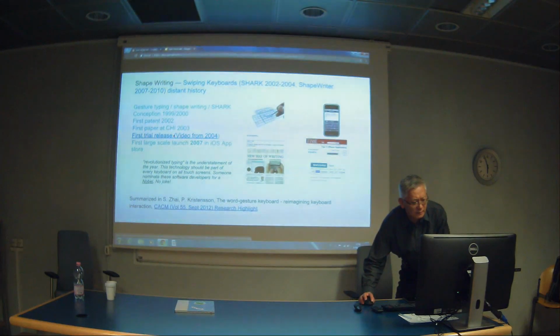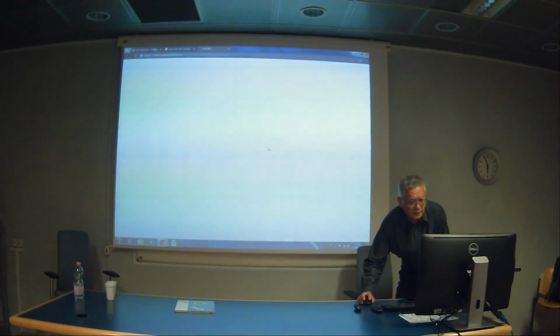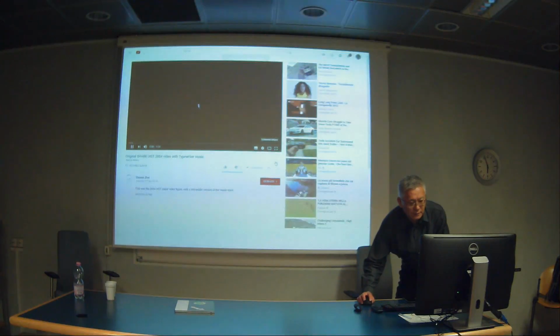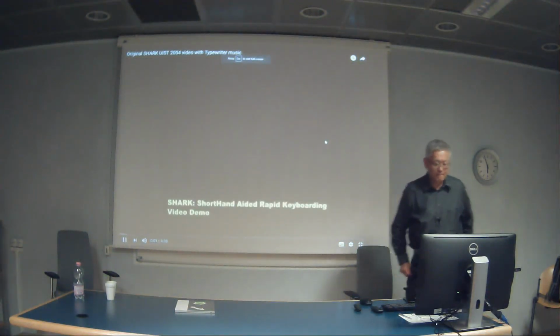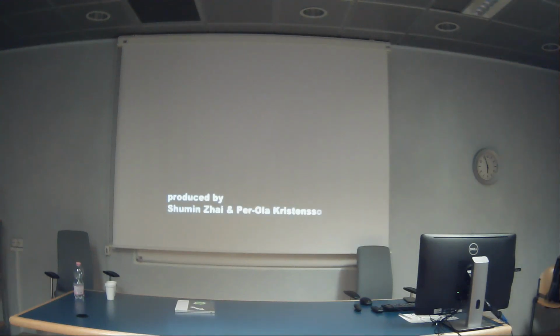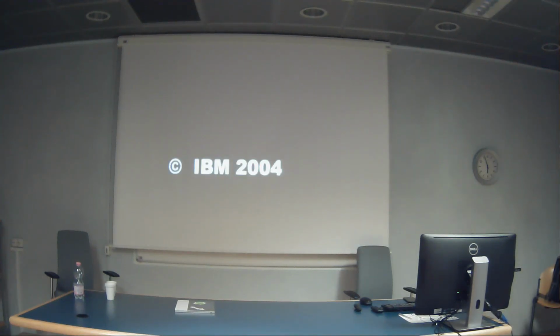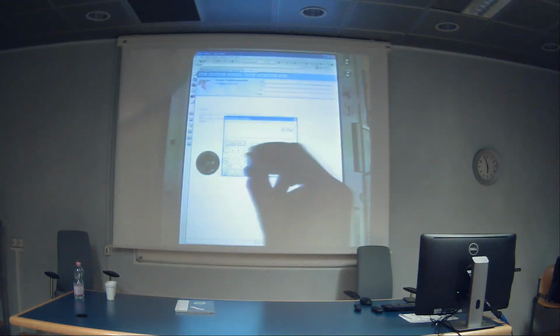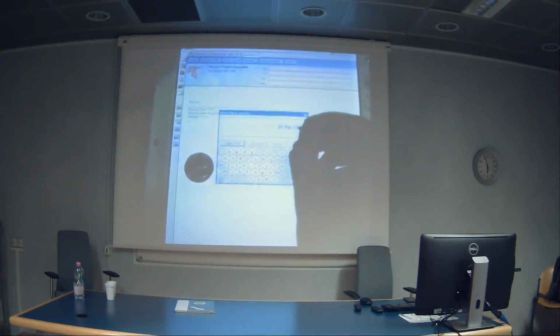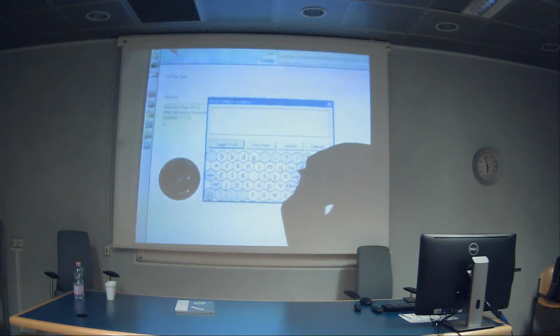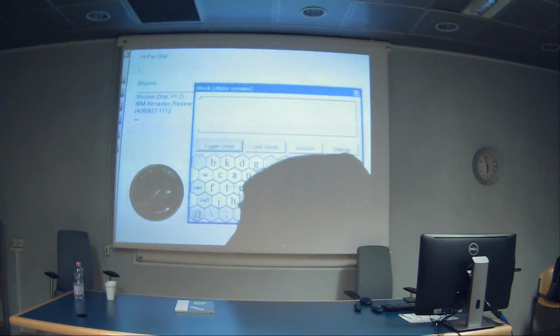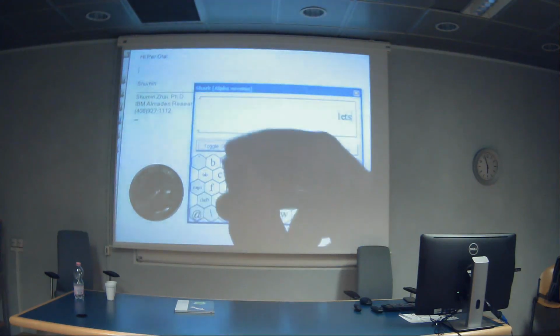And here's the demonstration of that. Hopefully it's still online. SHARC is a pen-based text input system. It combines a stylus keyboard with pen gesture recognition technology.